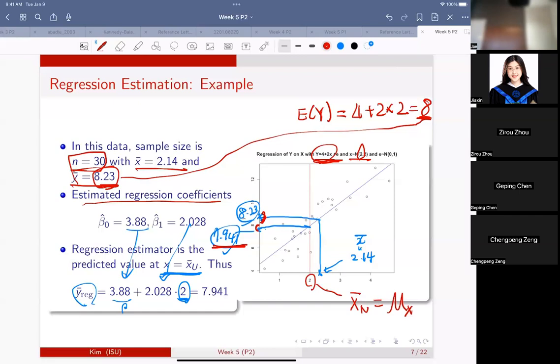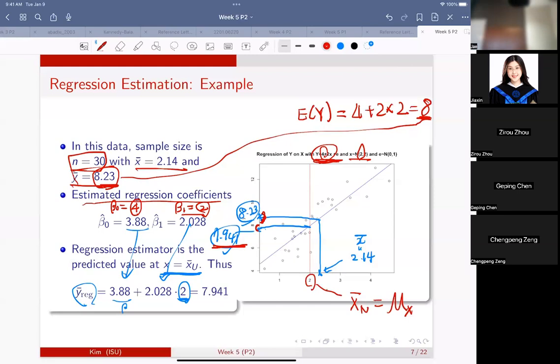Okay, so then you may wonder how to improve the regression estimator. In other words, how to reduce this error. What if I use the population linear relationship? I know the true beta 0 is 4, and the true beta 1 is 2. If I use these numbers, then my prediction will be exactly equal to 8.